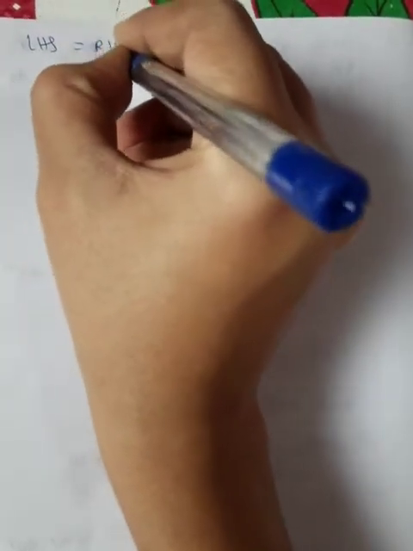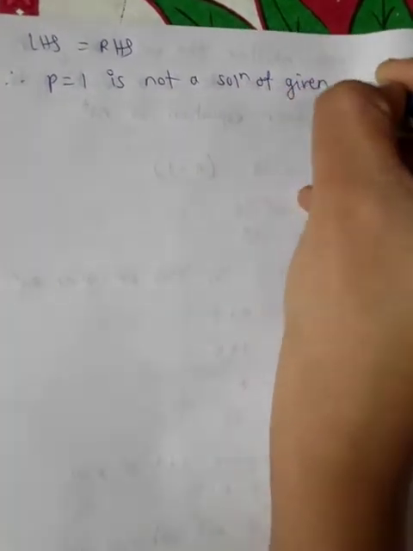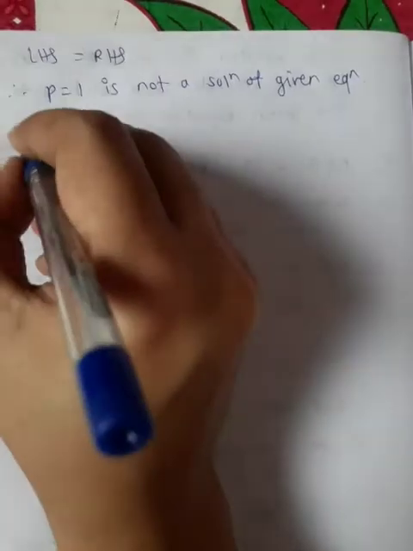Trial and error means you put your own values. Here LHS is not equal to RHS, so p is equal to 1 is not a solution of the given equation. Now you can try some other values.